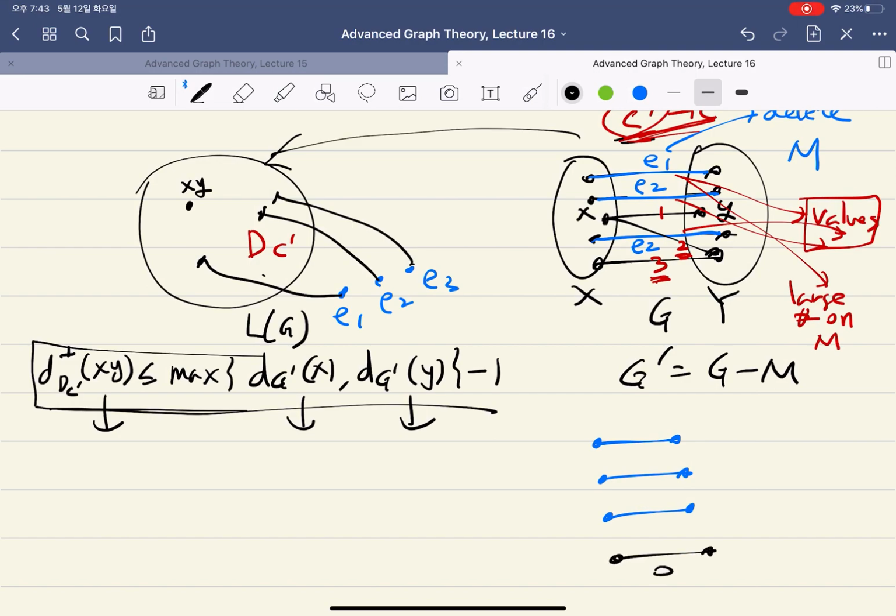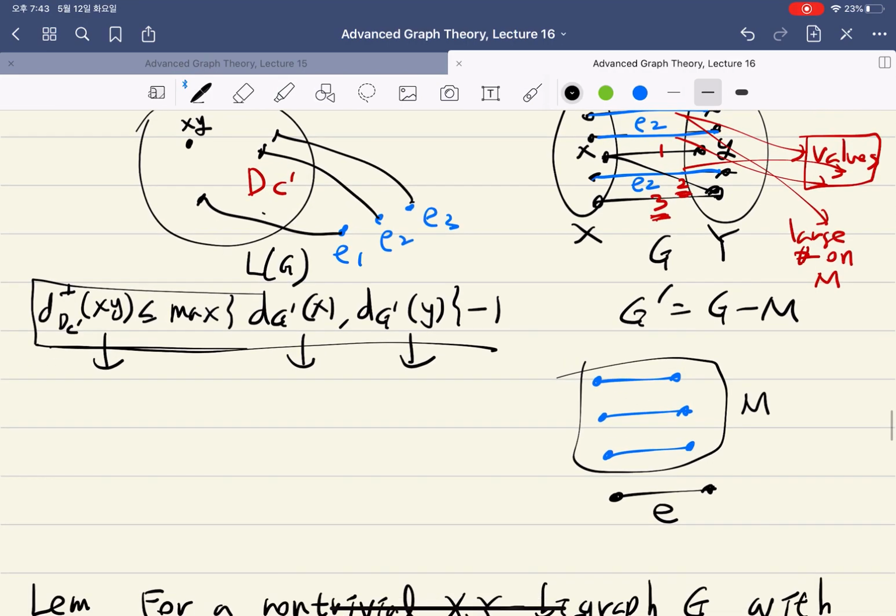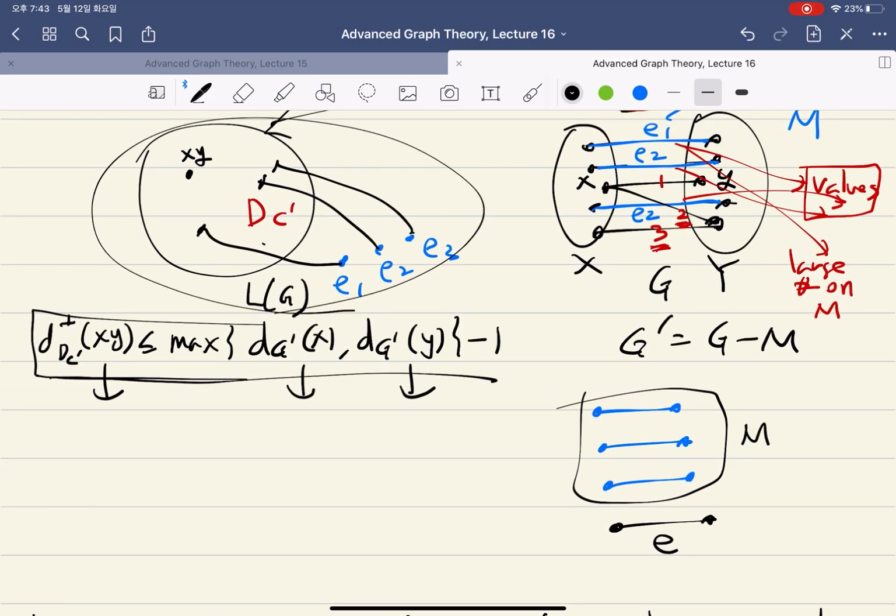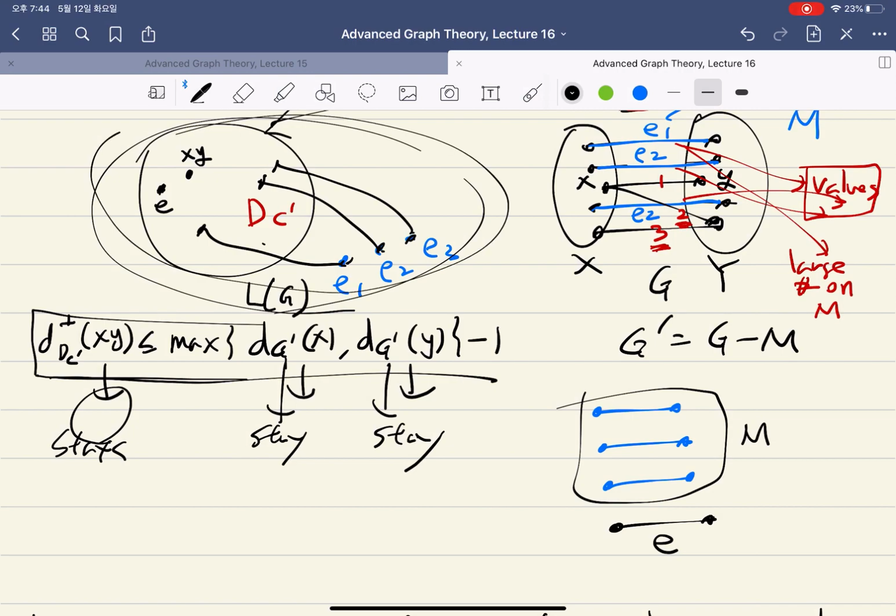If there is some edge E that is totally outside of this M, so it doesn't share any vertex with M, then this E has no neighbors in any of these. So this stays same, and this stays same. So in the large orientation, this still satisfies, which is what we want. So this has no problem.